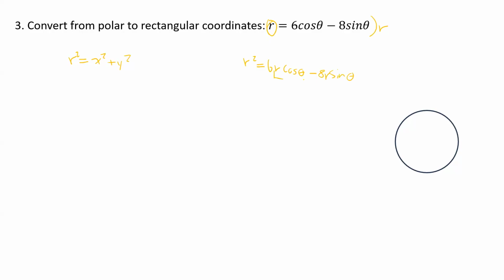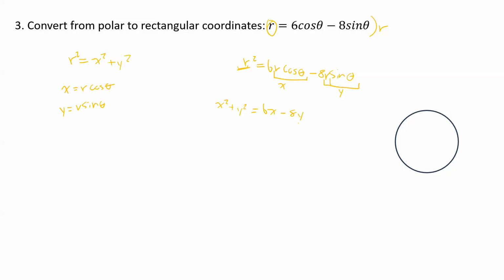Now you can recognize that we have x is equal to r cosine theta and y is equal to r sine theta. These here, this is your x and this is your y. And then you can plug in x squared plus y squared on this left-hand side too. So then you'd have x squared plus y squared equals 6x minus 8y.